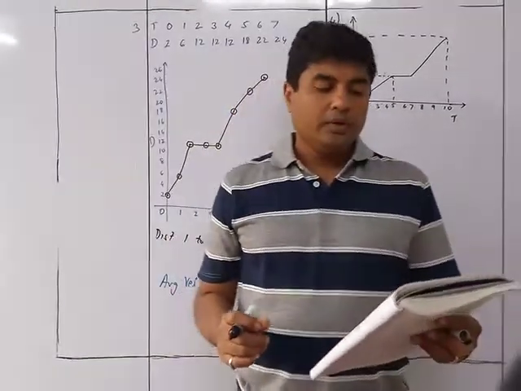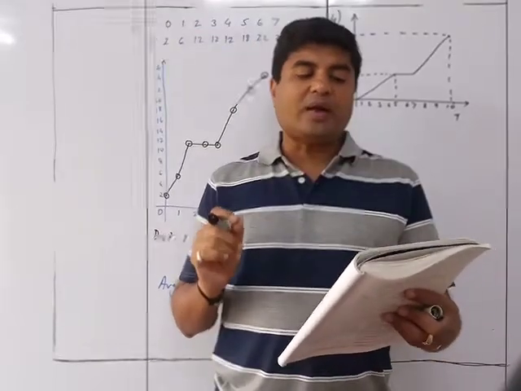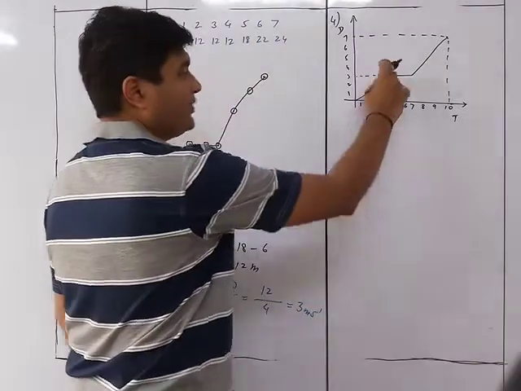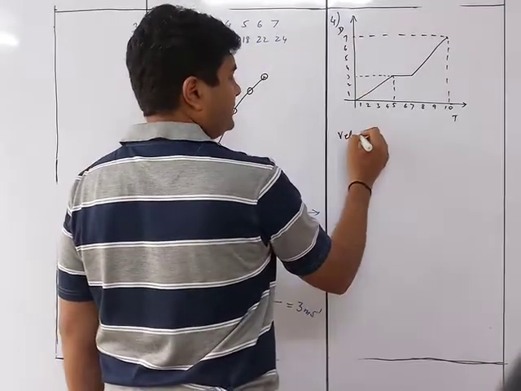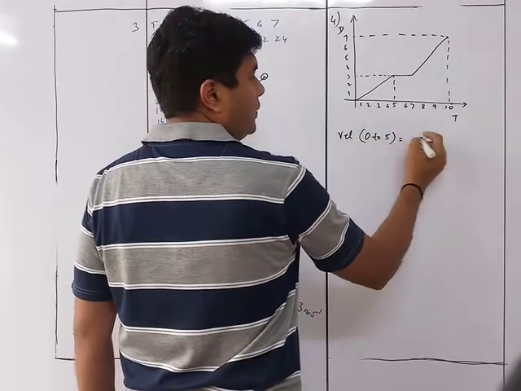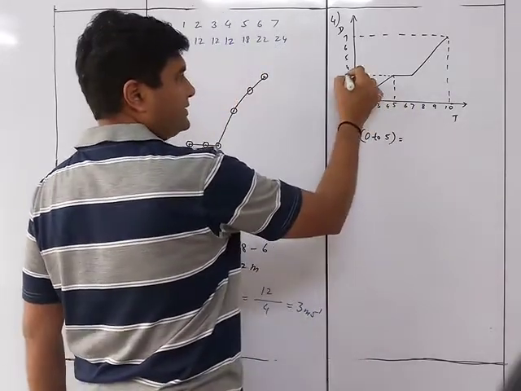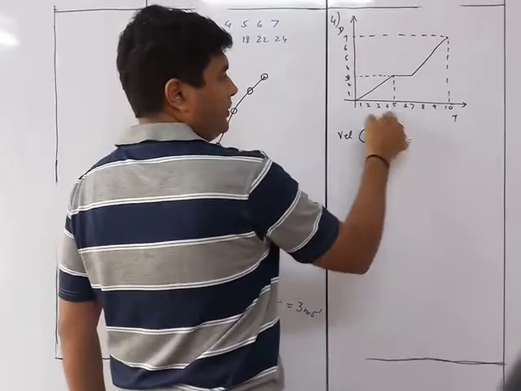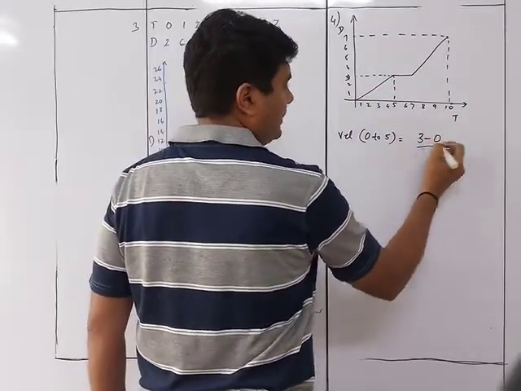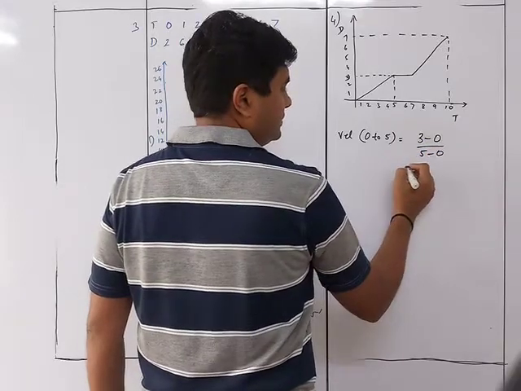Now the first thing is to calculate the velocity of the body in time interval 0 to 5. So velocity 0 to 5 will be equal to y2 minus y1 upon x2 minus x1, which is 3 minus 0 upon 5 minus 0.